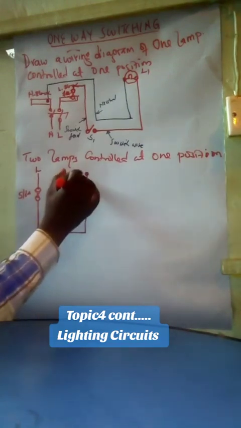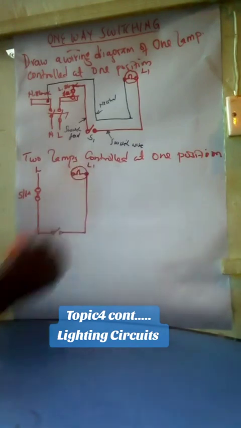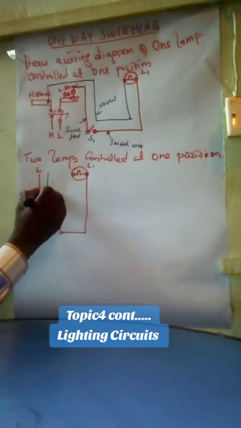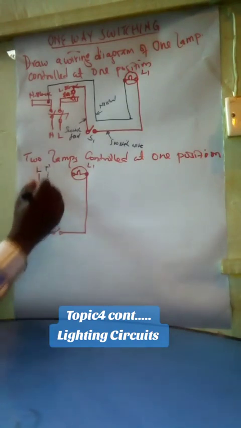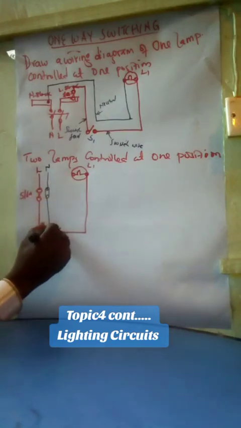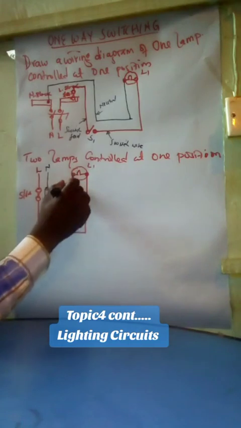We have this one and this one. This is lamp 1. Now we're introducing our neutral block. Remember, neutral is not controlled. Neutral just goes direct to the lamp.